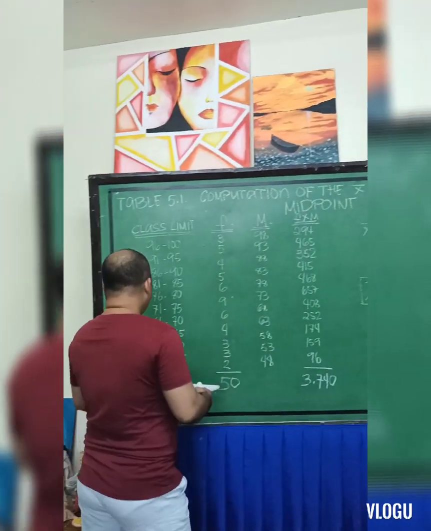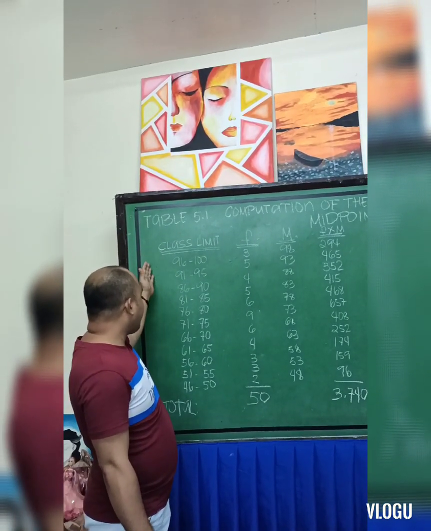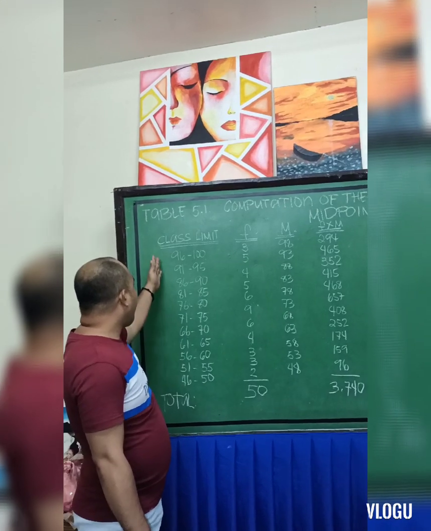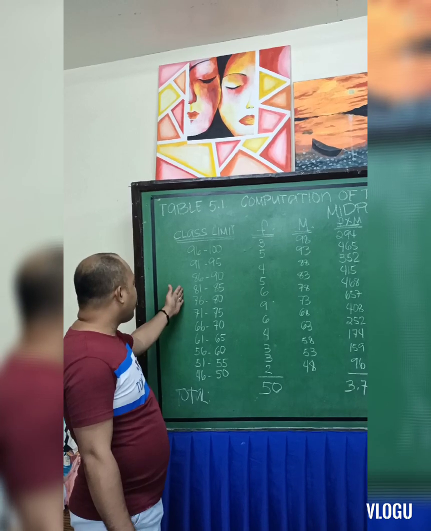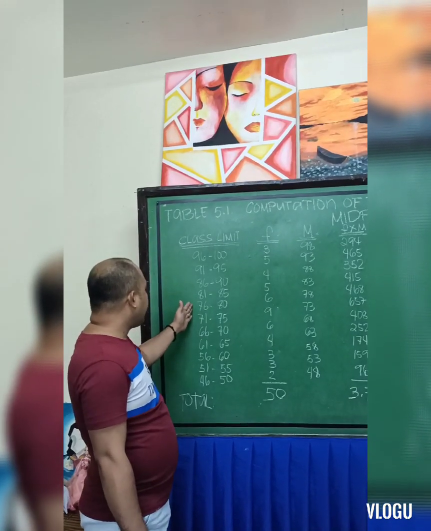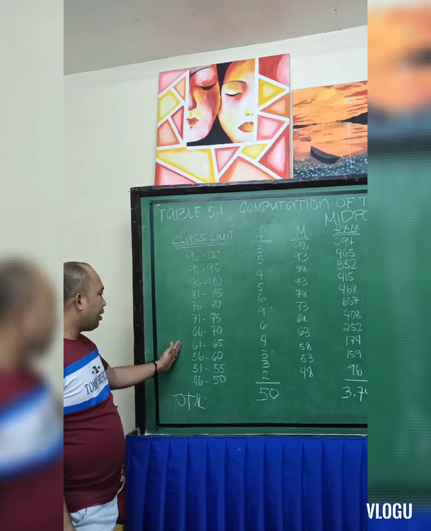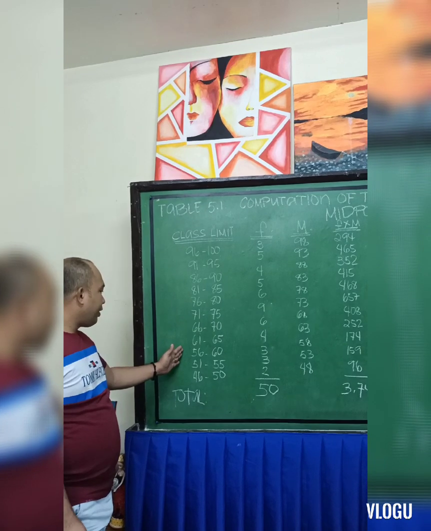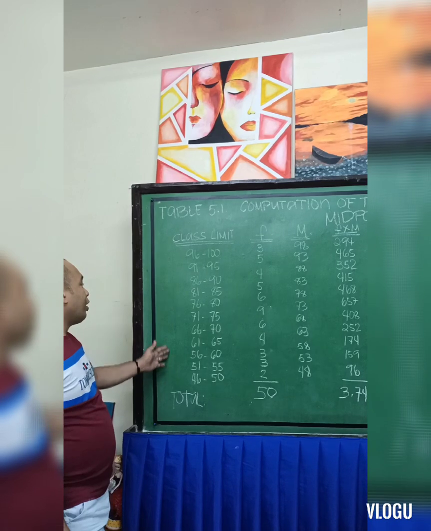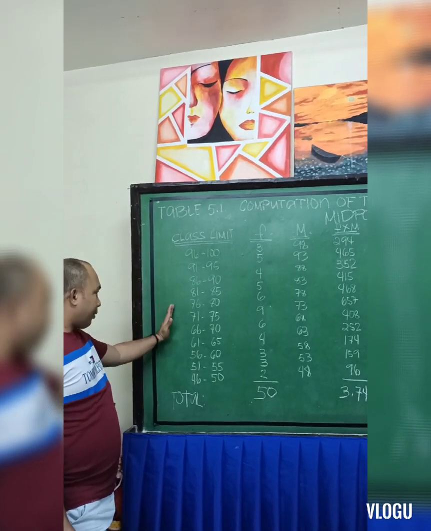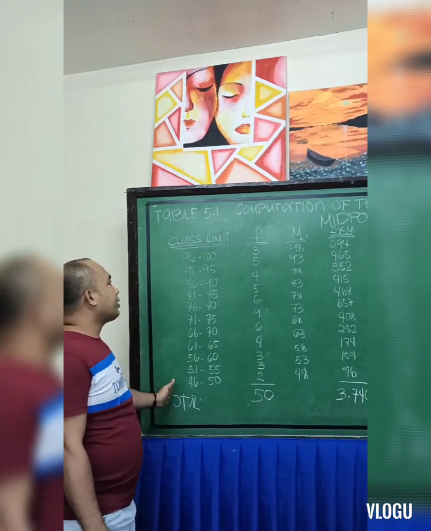We have the class limits arranged from highest to lowest number: 96 to 100, 91 to 95, 86 to 90, 81 to 85, 76 to 80, 71 to 75, 66 to 70, 61 to 65, 56 to 60, 51 to 55, 46 to 50. So this is our class limit, arranged from highest to lowest number.